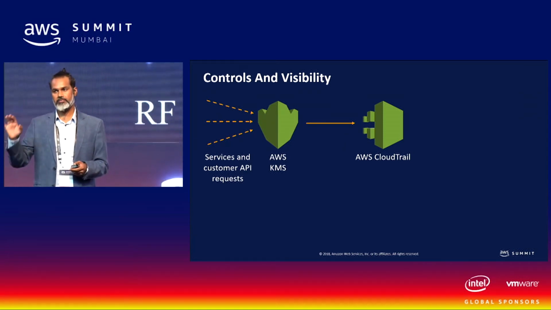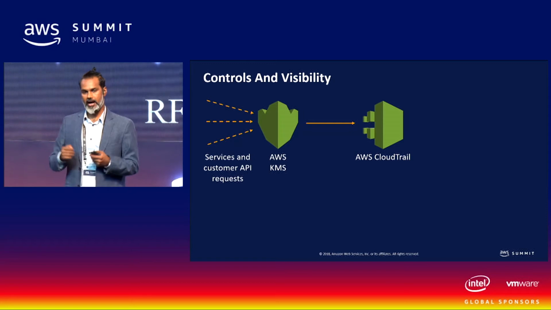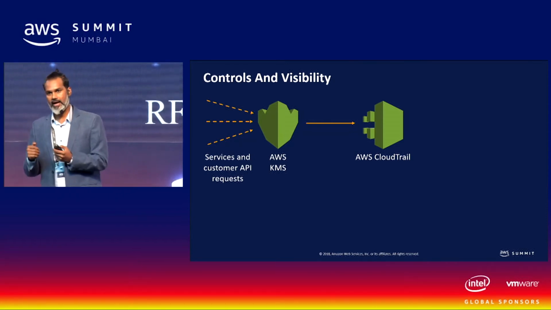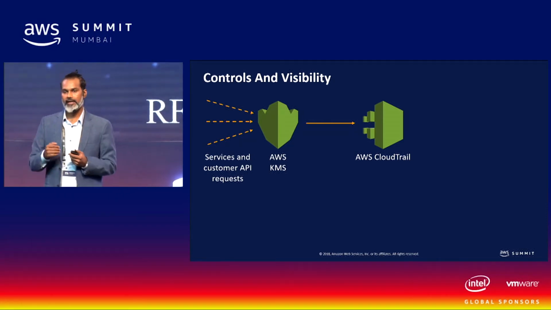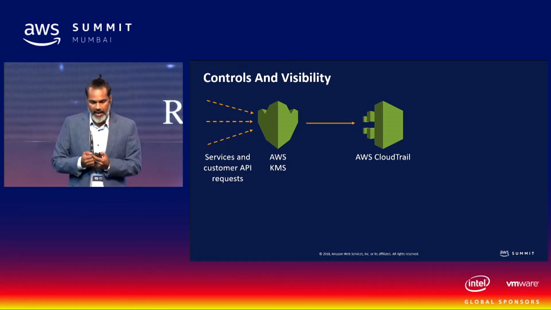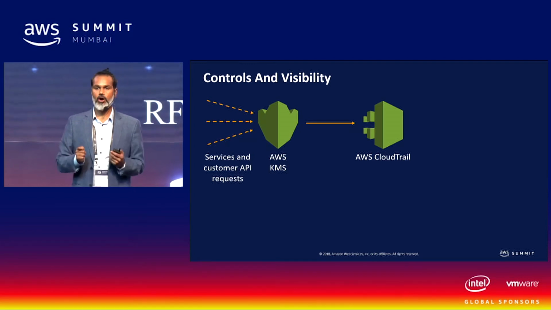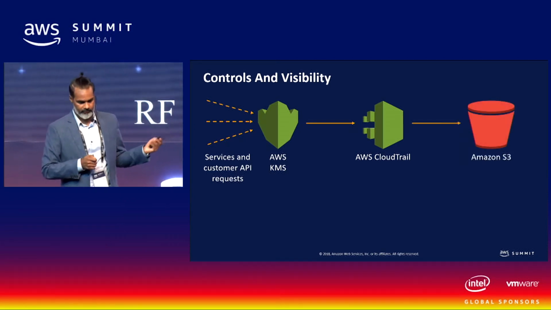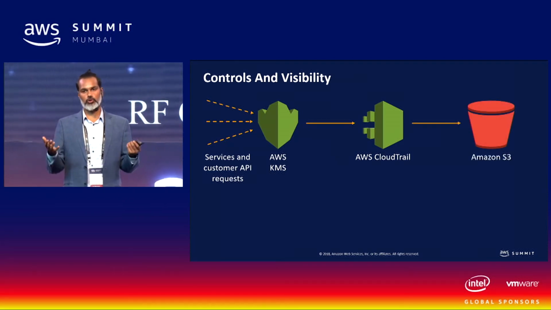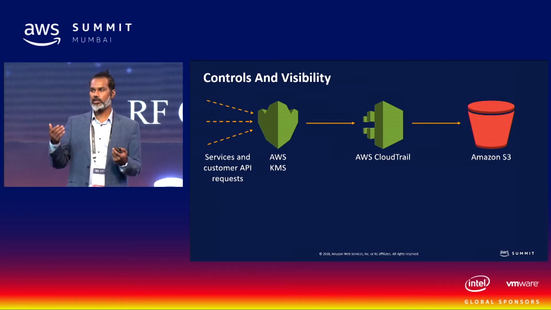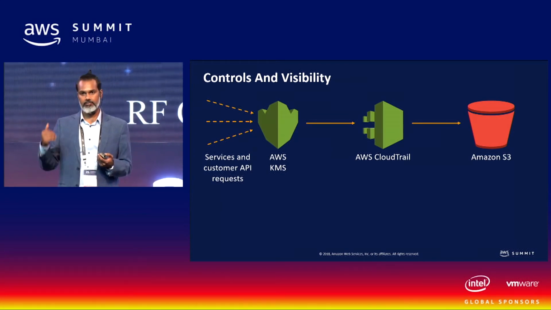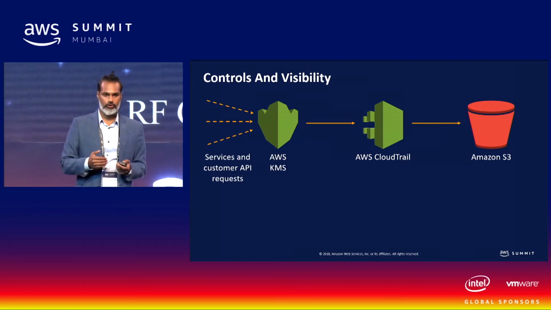Any API call, that means any action on the management console, or any action taken by an API call, any SDK, any application, is recorded in CloudTrail. And of course, it's stored on S3 for durability, so that at a later point in time, you can come in and look at the logs.